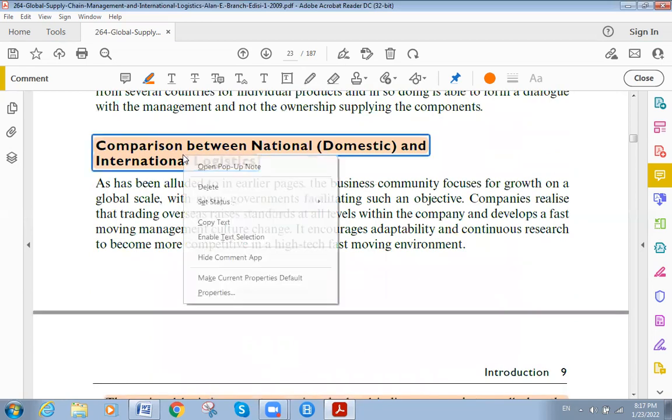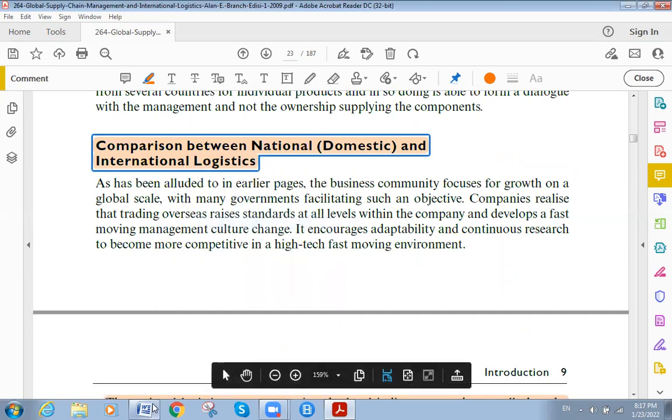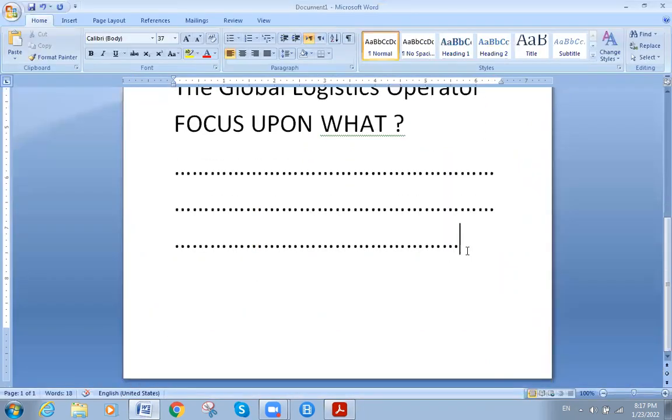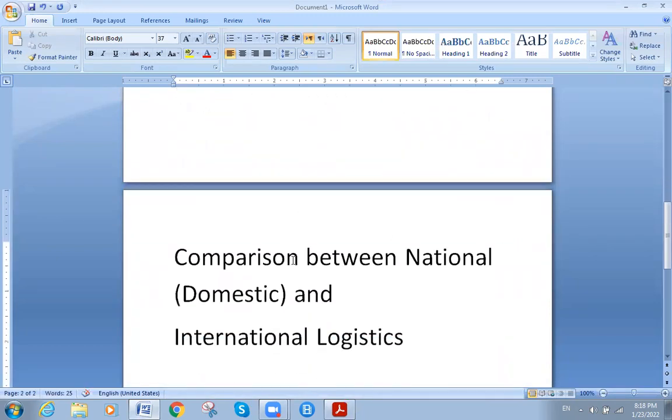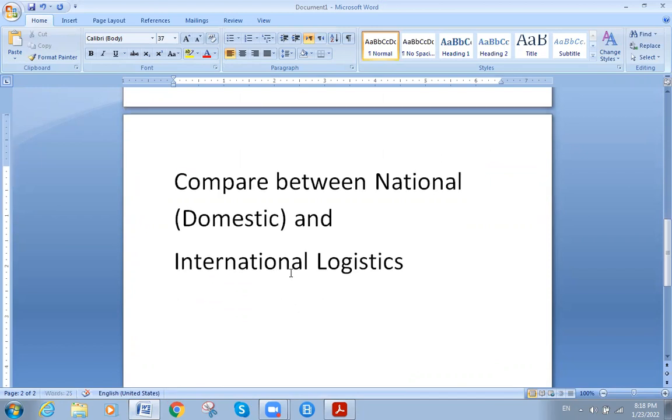Now I'll take this question, my third question today. Compare between national, domestic, and international or global logistic.